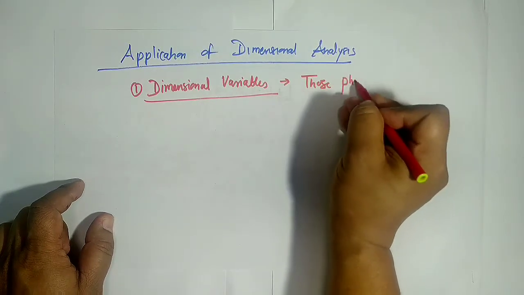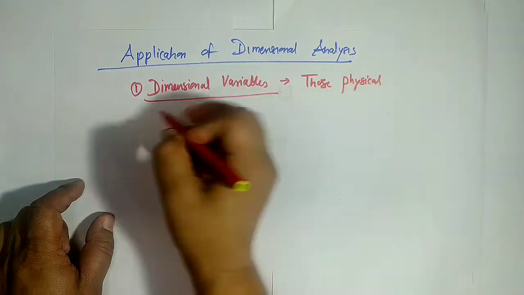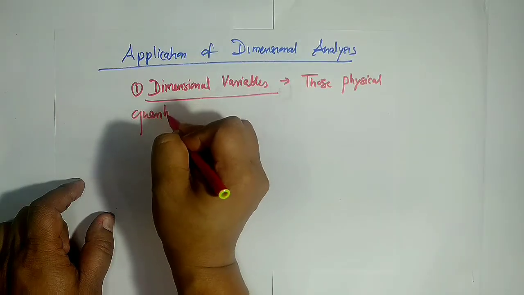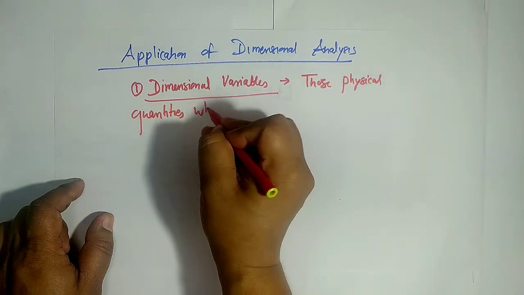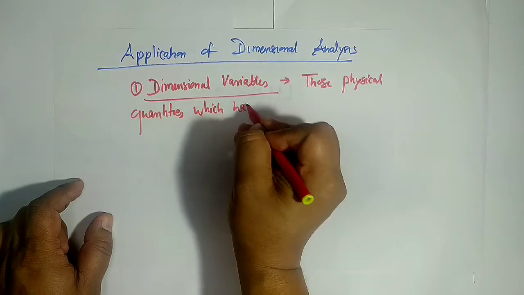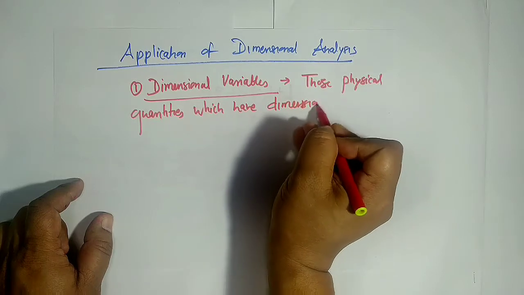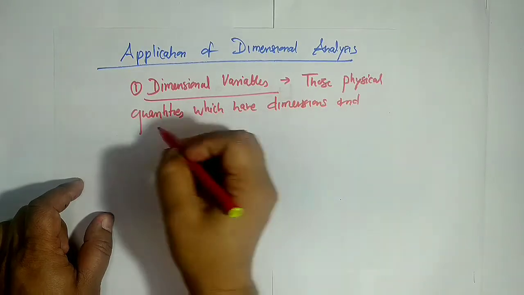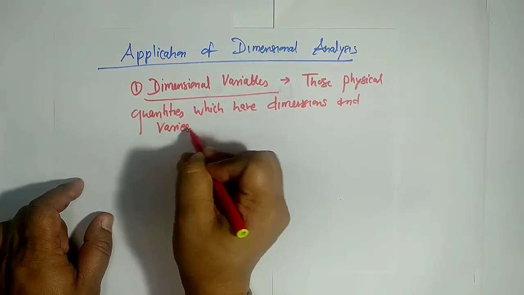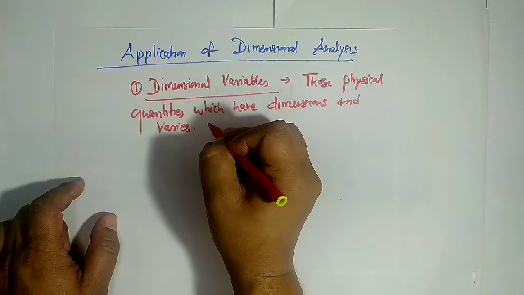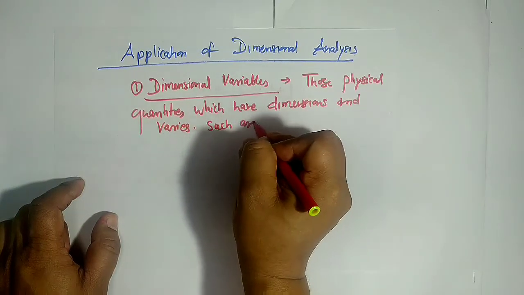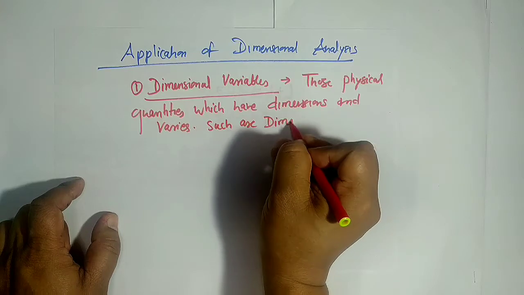Those physical quantities which have dimensions and vary, they are changing. So they are dimensional variables.